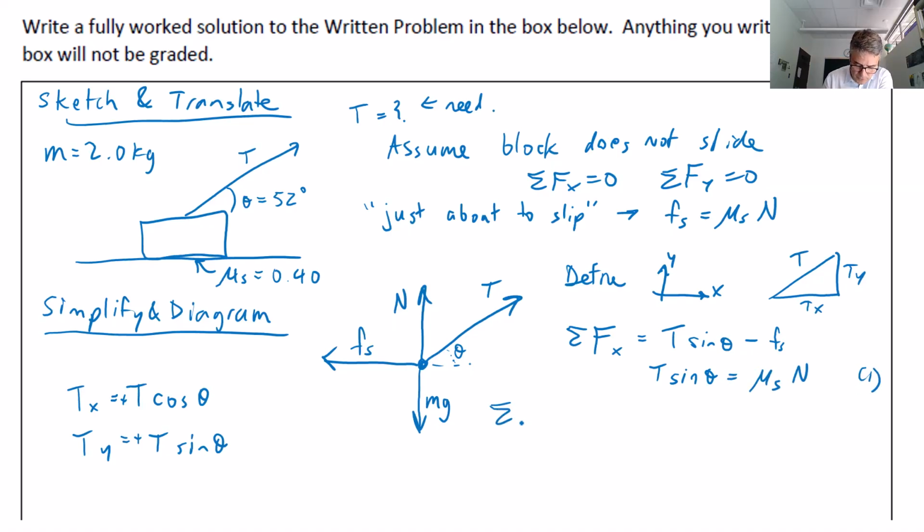And then the sum of the forces in the y direction is going to be the normal force plus the t cosine theta, those are upward forces, minus mg. Sorry, that equals 0. So this will tell you that the normal force is equal to mg minus t cos theta. And this is equation 2.